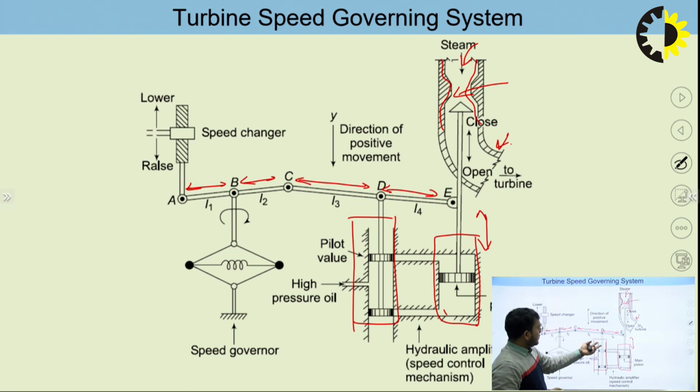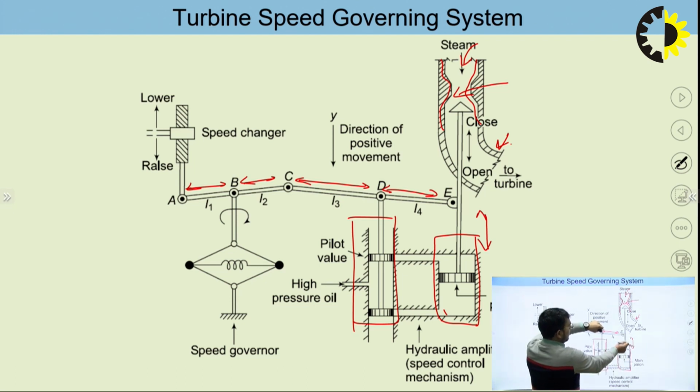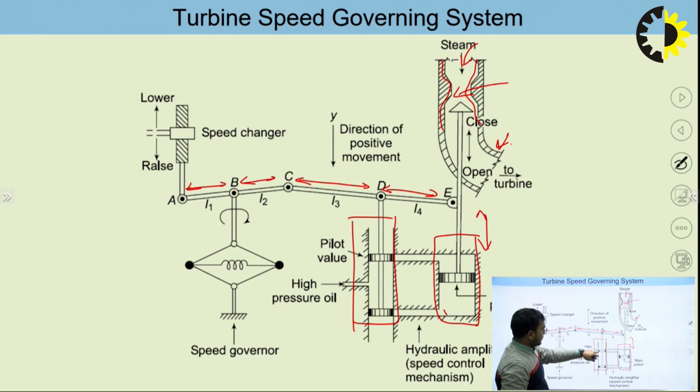Now if we say that point D is pivoted over here, so if this point is fixed, you can see this portion can be moved upward or downward, right? Now there is a pilot valve over here. Pilot is basically the one who rides, like someone who rides the car, the rider.